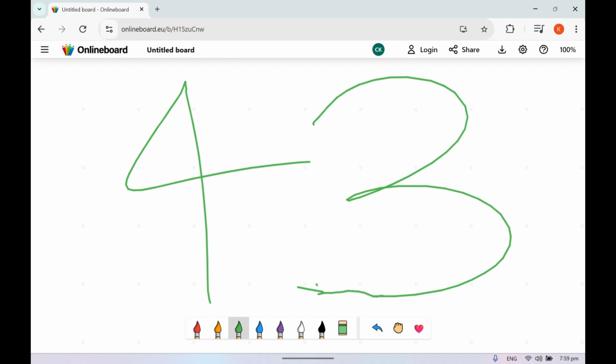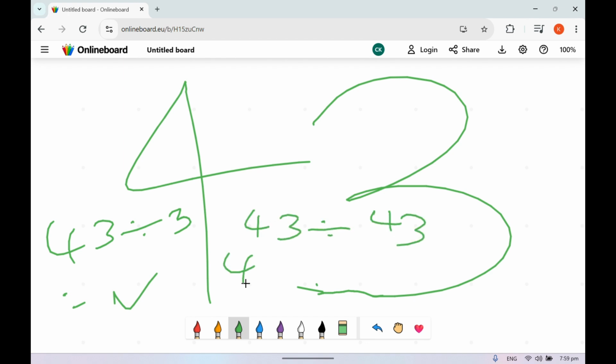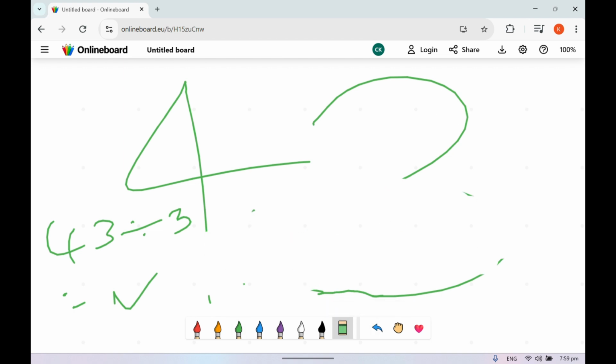It's very easy to determine, as long as it's small enough, as I said. You just need to check if this number can be divided by anything other than 1 and itself. So if I take 43 and I can divide it by 3, that's it, then I know it's not prime. But if 43 can only be divided by 43 and 1, then I know it's prime. That's literally how you know.